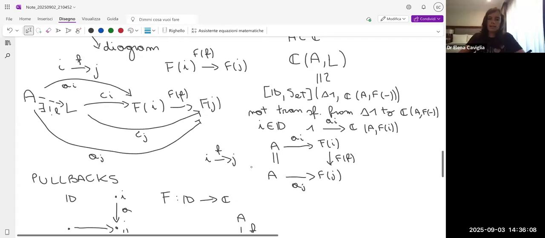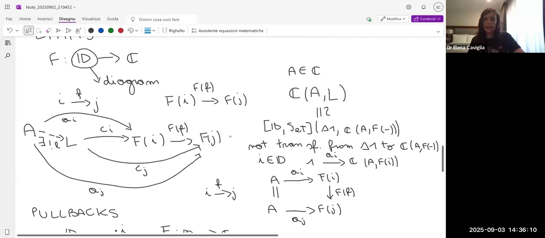Okay, so what is this weird set of natural transformations? In reality, it is just the set of cones. So this condition that we have here is simply saying that every cone just corresponds to a morphism from A to L, this little l.